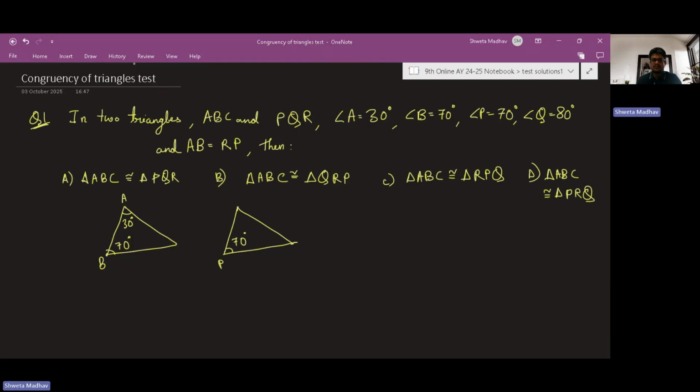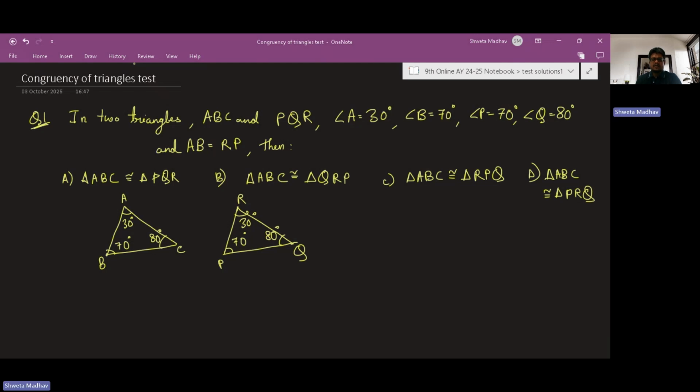And angle Q, this should be 80 degrees since the sum of the three angles should be 180 degrees. So angle Q is again 80 degrees. So this is R. So in PQR this should be 30 degrees. And 70 plus 70 plus 80 is 220... so 150 plus 30, that is 180.